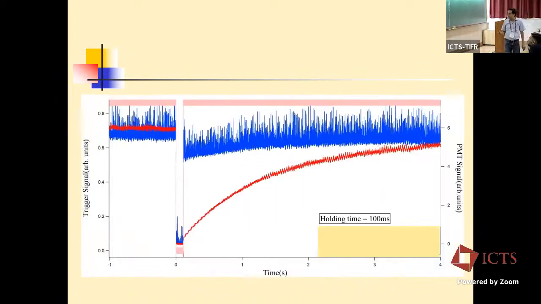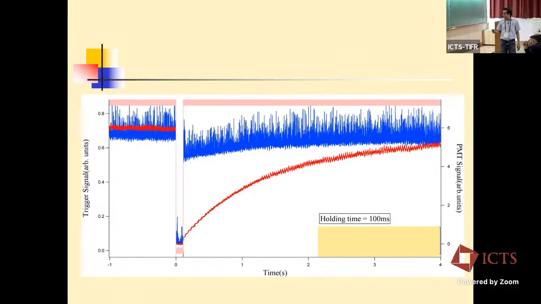Initially, we detected using the photo detector: if the blue beam is there, you see the fluorescence immediately coming. If the blue MOT beam is not there, you see loading again, okay? We were holding for like 100 milliseconds.